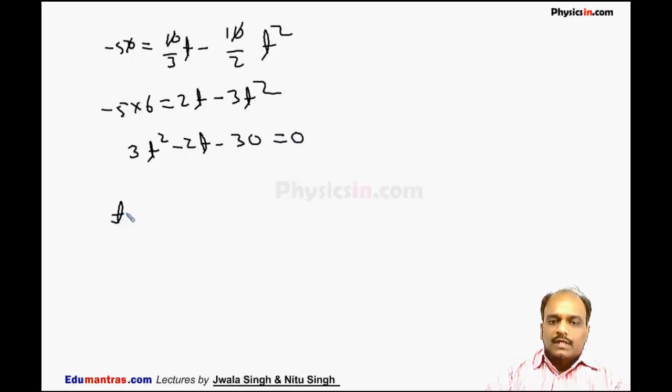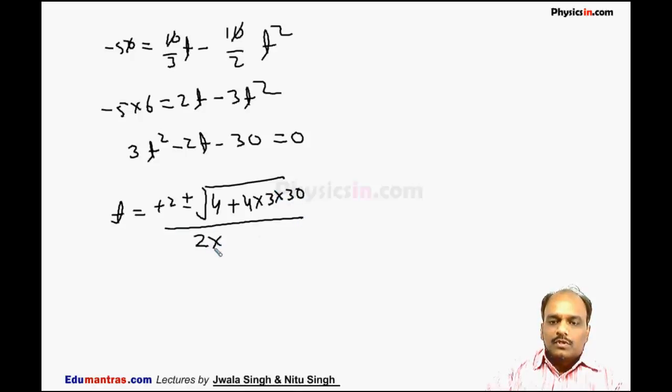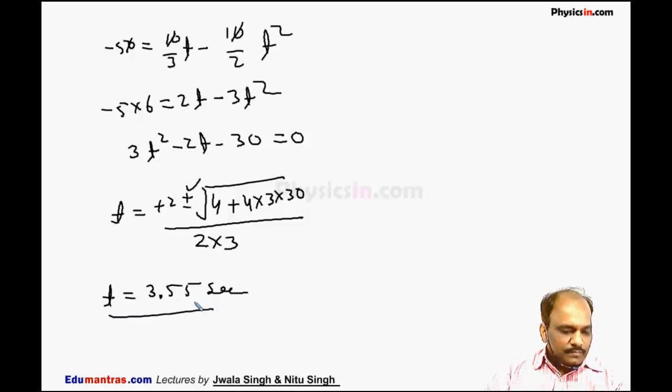So from here we can say t is equal to plus 2 plus minus square root of b square, means 2 square, minus 4ac, since this is minus here so it becomes plus 4 into 3 into 30, divided by 2a, means 2 into 3. Solving this quadratic we choose only the positive value, so t comes out to be 3.55 second. This is the time of flight.